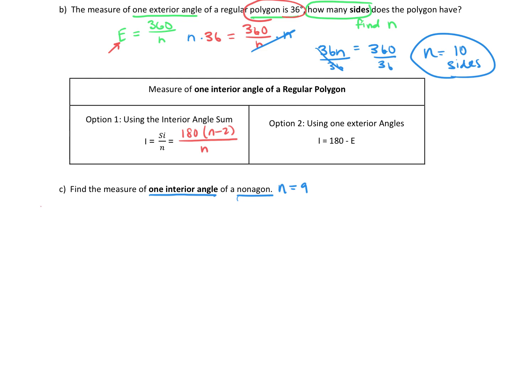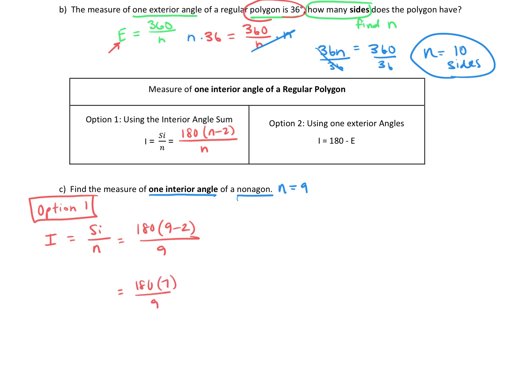So let's go ahead and work out option 1. Our interior angle is equal to the sum of our interior angles divided by how many sides there are. So we're going to do 180 times 9 minus 2, divided by 9. 9 minus 2 is 7.